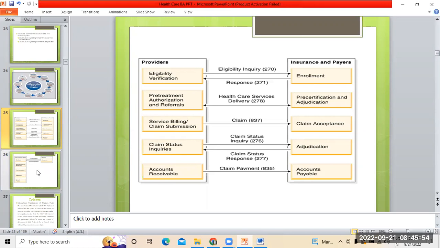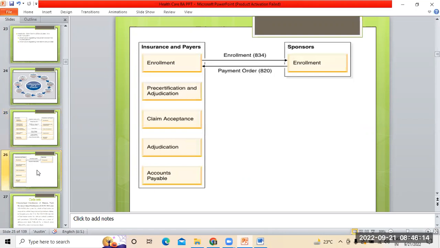But initially there is some enrollment that happens. As I mentioned, three parties are involved. One is the healthcare providers, second is insurance companies and payers, and the third party is the sponsors.